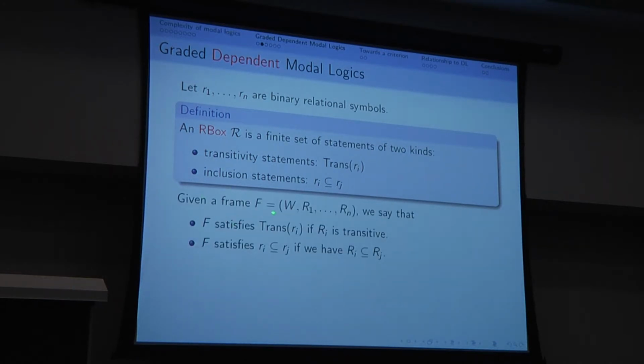And we say that a frame with n binary relations obeys these constraints if the ith relation is transitive, and satisfies the inclusion constraint if the ith relation is included in the jth relation. So any RBox determines some class of frames.